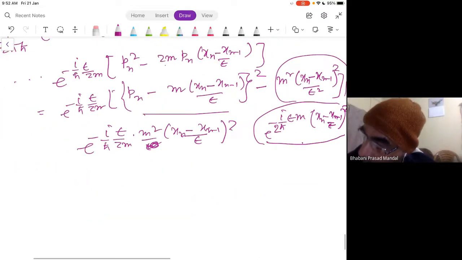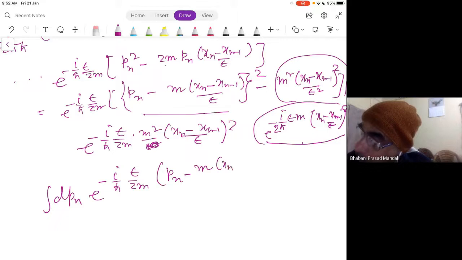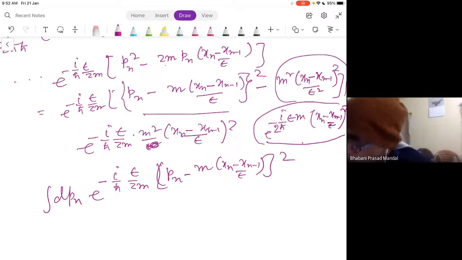Now we are left with dPn, forgetting the other factors: e to the power minus i h cut epsilon over 2m times Pn minus m xn minus xn minus 1 by epsilon, whole square. All momenta go from minus infinity to plus infinity.